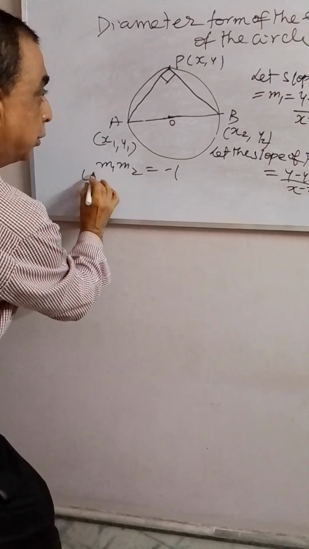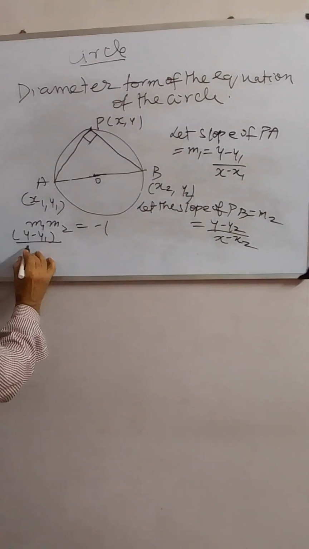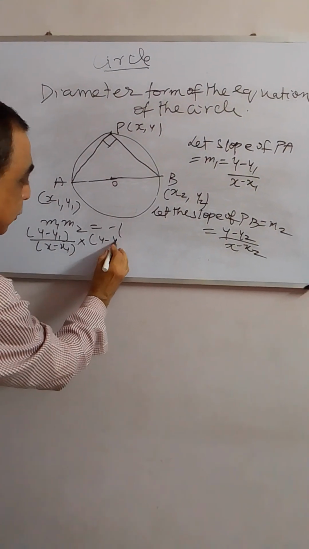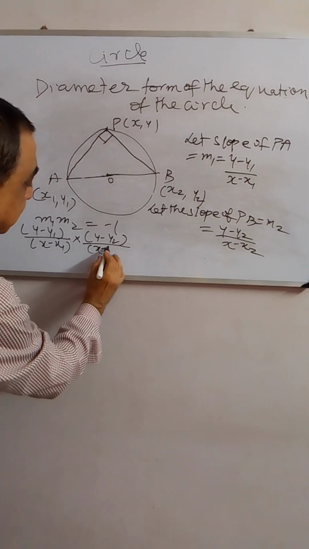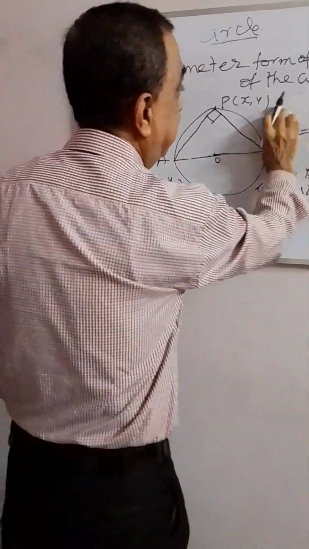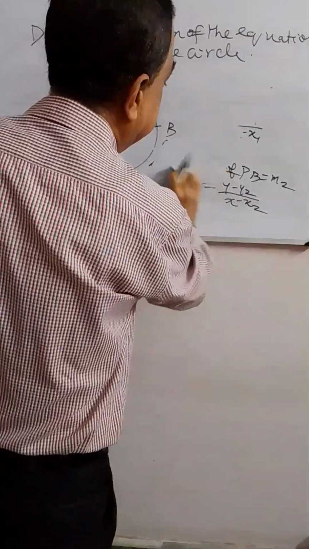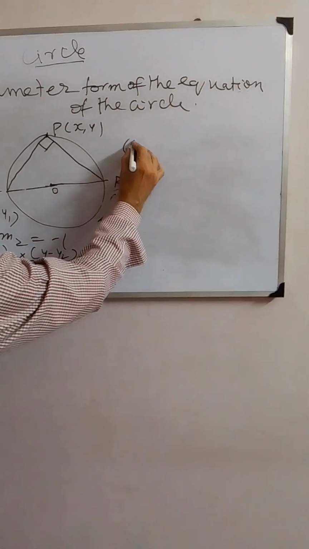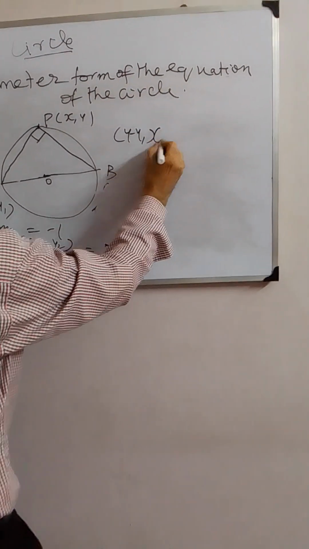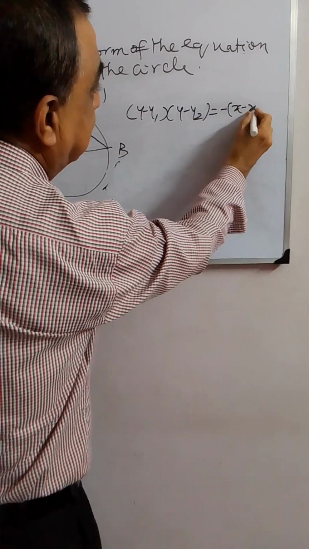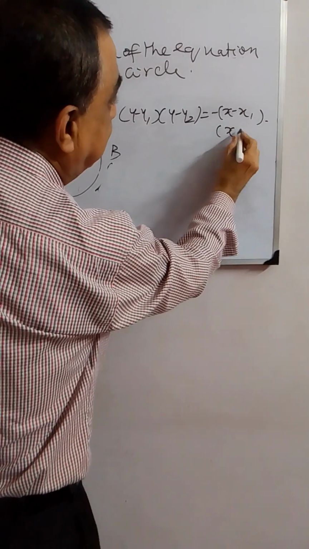So now put the values. We will have (y minus y1) divided by (x minus x1) into (y minus y2) divided by (x minus x2) is equal to minus 1. Now if I multiply and take the denominators to the other side, this will be cross multiplication. So I will have (y minus y1)(y minus y2) equal to minus (x minus x1)(x minus x2).